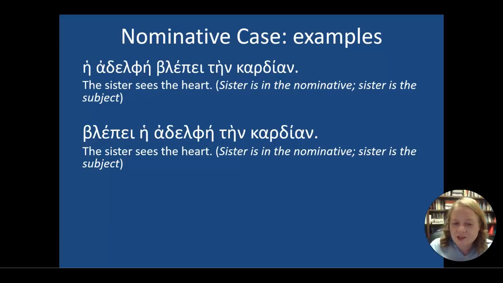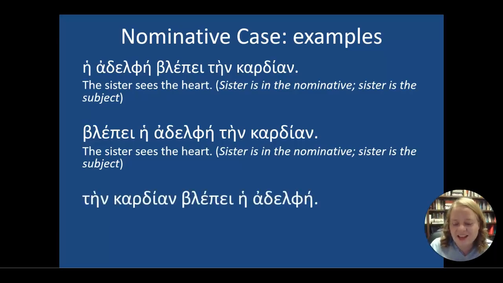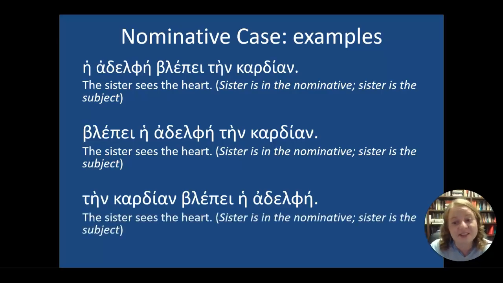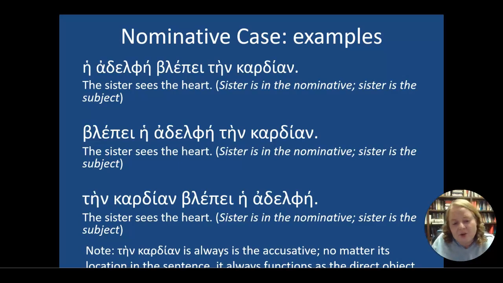This gets even crazier in Greek because he adelphe can be at the end. Tain kardion, blepe, he adelphe. The subject is still he adelphe. The sister sees the heart. Sister's in the nominative, sister is the subject. It doesn't matter where it occurs in a sentence. Note that then heart is always in the accusative. No matter its location in the sentence, it's always the direct object.